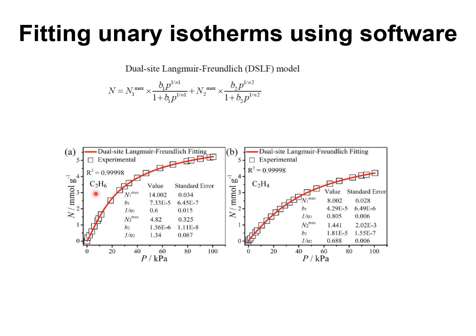I give an example here of the unary isotherms for ethane and ethylene in a MOF, and the experimental data are shown here and fitted with the DSLF model using commercial software. The commercial software, if asked to fit the unary experimental data, produces 6 parameter values as shown here for ethane, and the 6 parameter values for ethylene are shown in this column. We note that the saturation capacities are unrealistic.